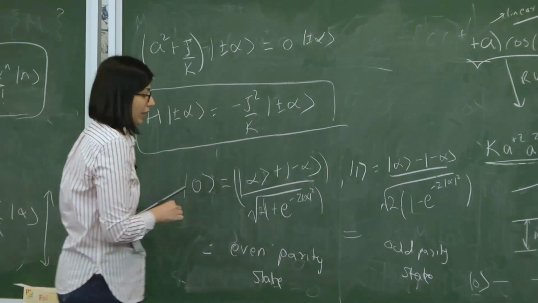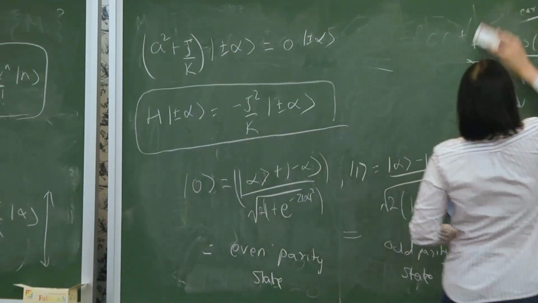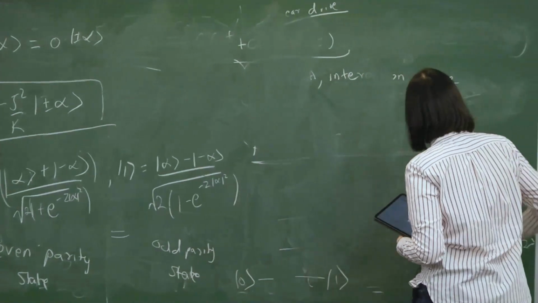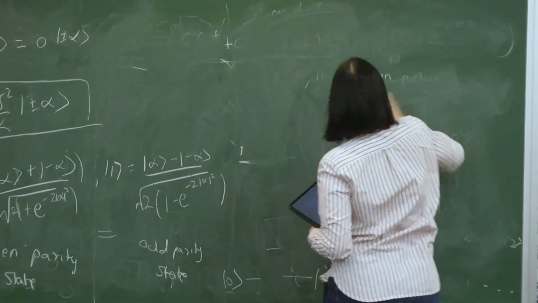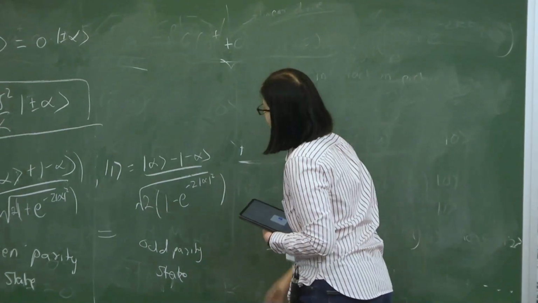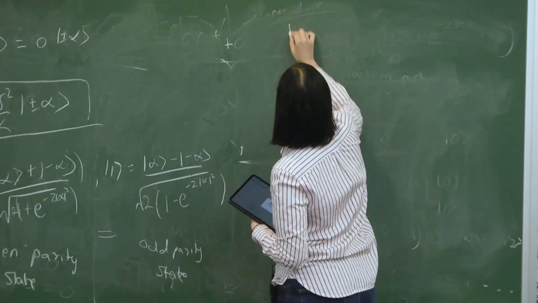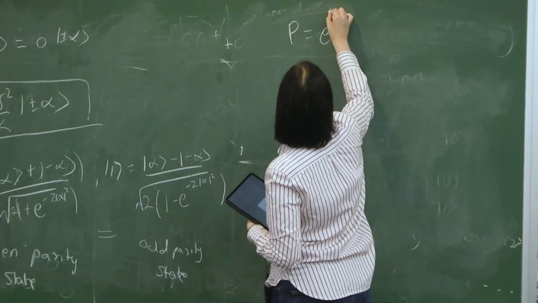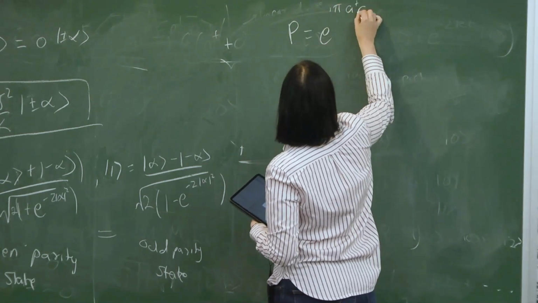You can define a parity operator for harmonic oscillators. The parity operator is just exponential of i pi a dagger a.